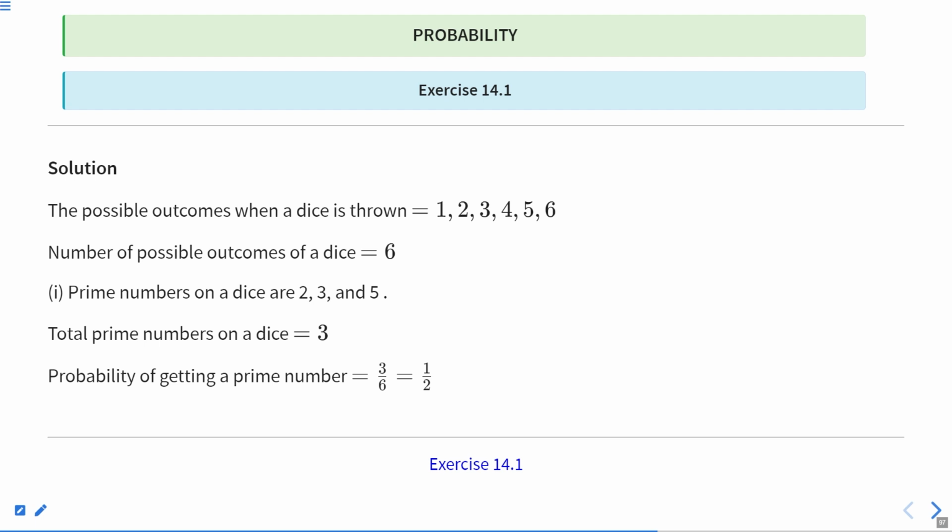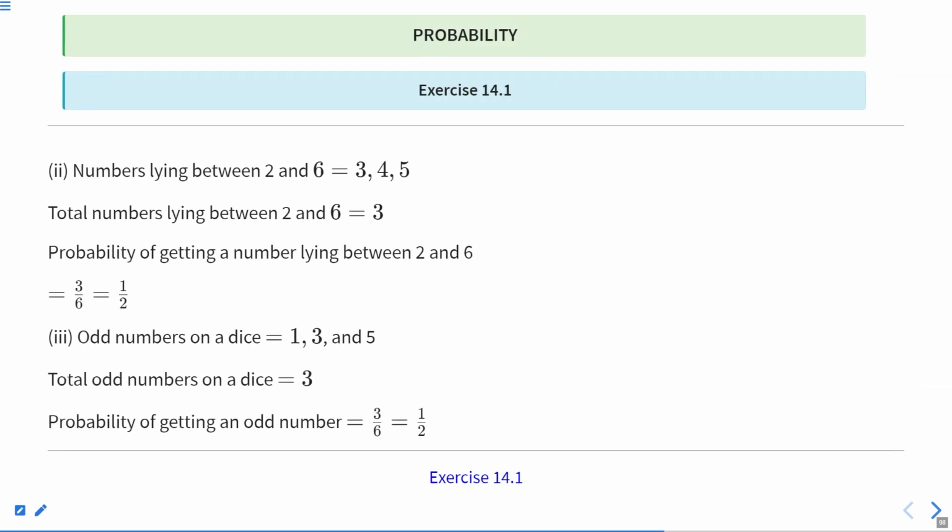So the total numbers on a die favorable to the event of getting a prime number is equal to 3. So probability of getting a prime number is equal to total number of favorable outcomes divided by number of total outcomes. This is equal to 3 by 6, which is 1 by 2.